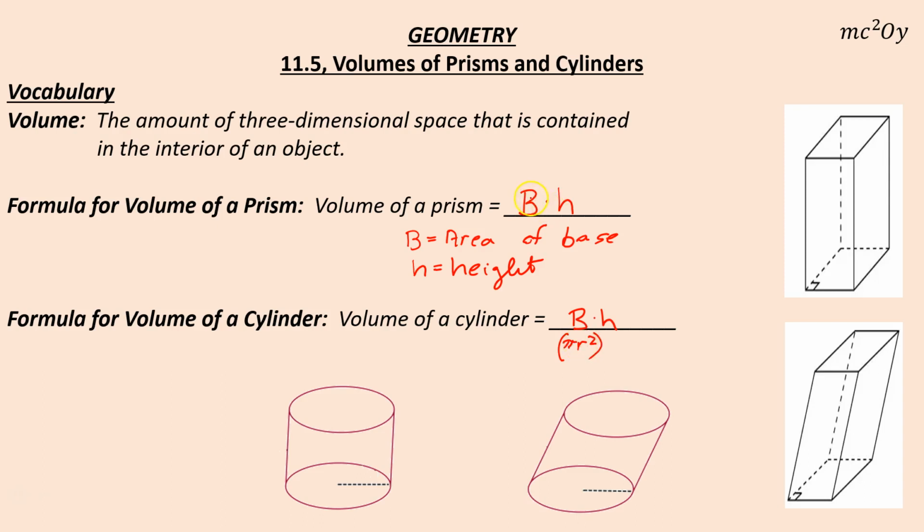Now, when you're dealing with a prism, your base could be a rectangle, it could be a square, it could be a triangle, it could be a trapezoid, it could be a hexagon, a pentagon. We don't know, so we have to keep this as normal base. But here we can think of it as the area of the circle. All right.